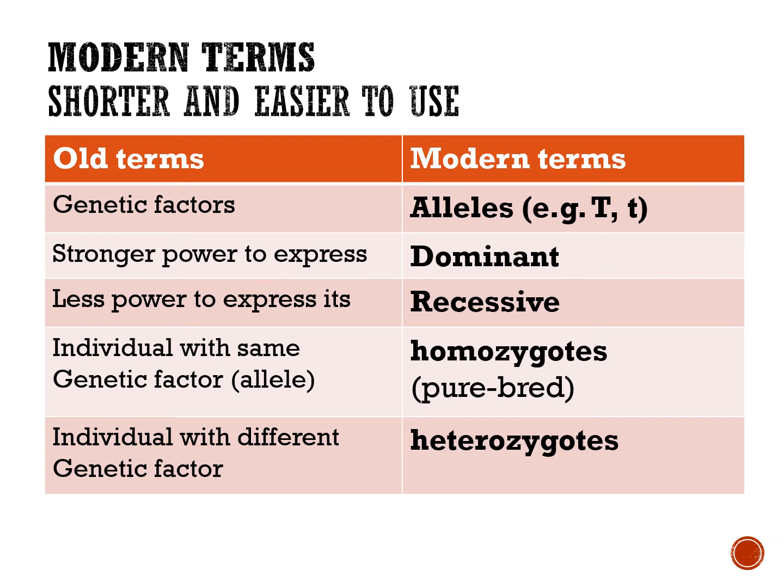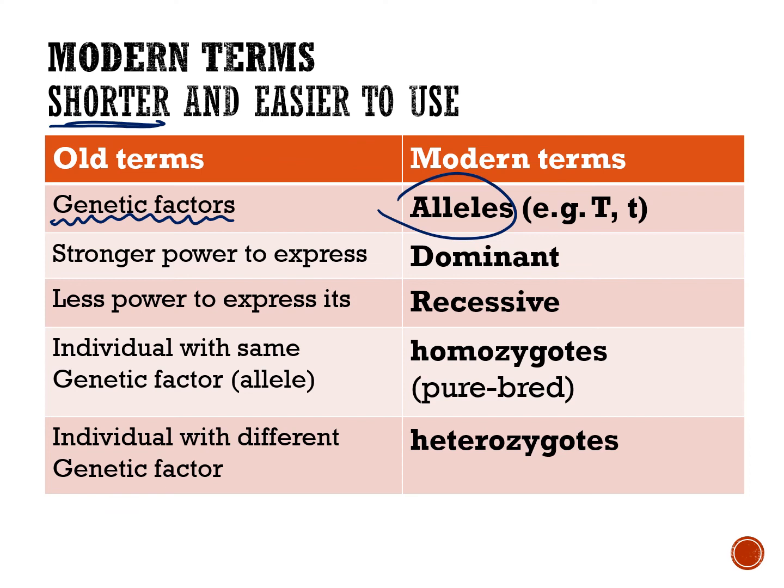Scientists later on decided to use some shorter and easier terms to describe genetics. Instead of saying the organism has a genetic factor tall, genetic factor short, they decided to use one single word to describe it. We call it alleles.